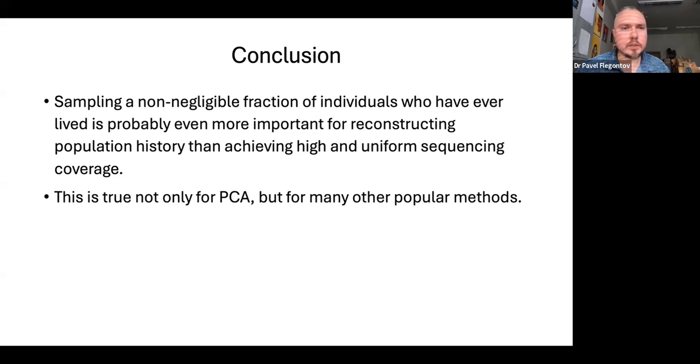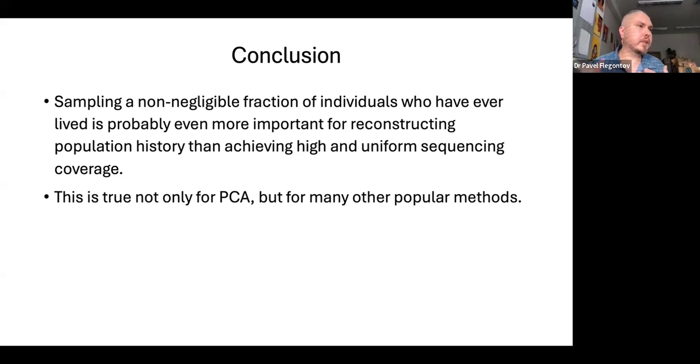I've not shown it here, but actually PCA for many graph-shaped histories looks completely uninformative. It looks like a triangle, which tells nothing about the underlying history. But with IBD graphs, the history is just visualized. You see the graph that you simulated. It's a bit distorted, but you see it.